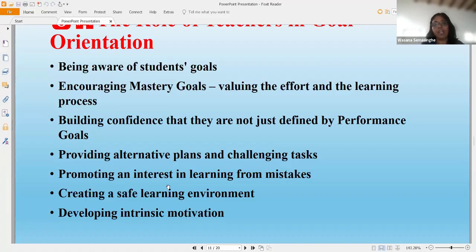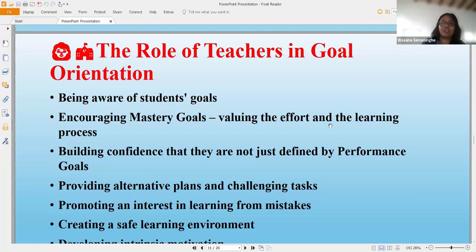Correct them. And you can create a safe learning environment and always build intrinsic motivation. So through them, you can help them achieve their goal. So that is the teacher's role.